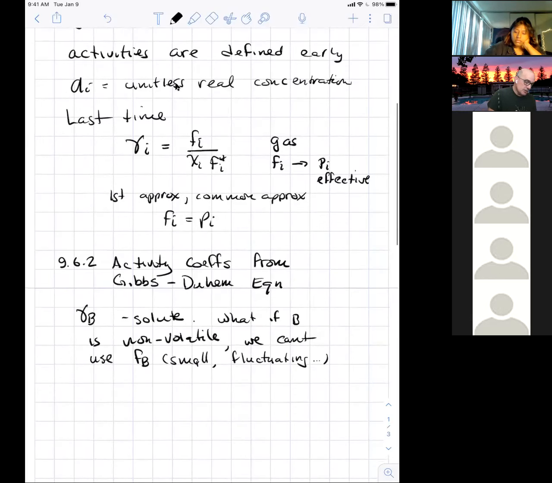Okay, so as long as the solvent A is volatile, there is a way around this.